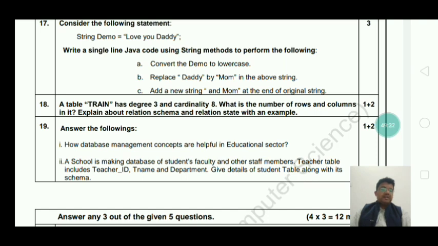Relation state means the available rows at any moment, or you can say the state of the relation at any instance of time.